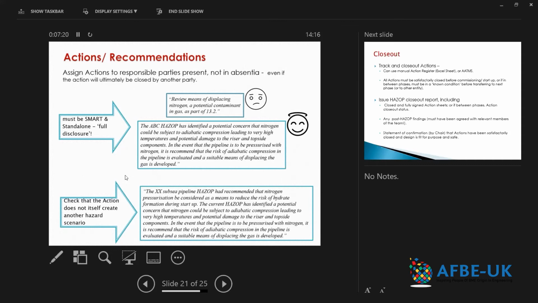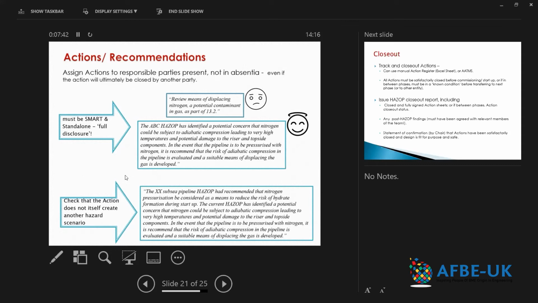Even if the person it's assigned to is not the one that closes it out, for example, an action is assigned to a process engineer who's in the room, but it's an action that has to do with materials and corrosion, the material spec for a particular piece of pipe. It's not likely that the process engineer will close that action. It's more likely the materials engineer.